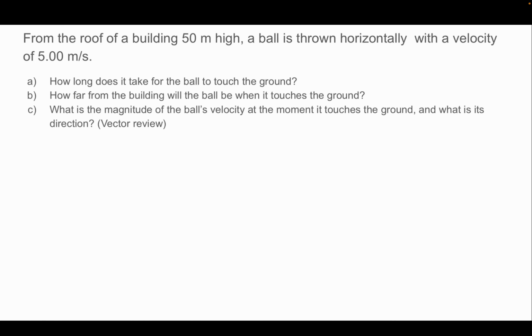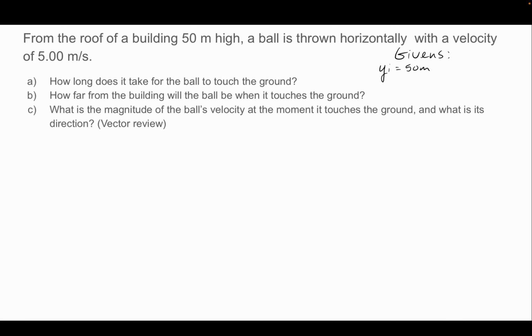All right? So if we look at this, solving for time for A, my givens here, I'm just going to write them up here. My givens, right? I know that I've got a yi of 50 meters.